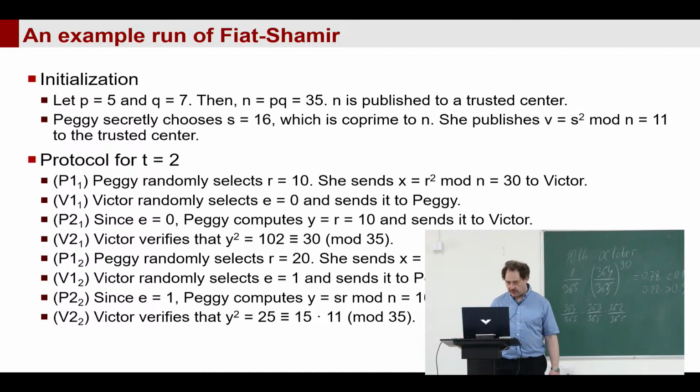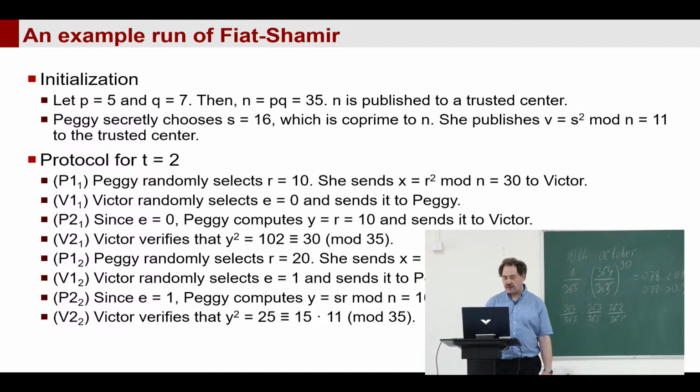You can check that 10 squared modulo 35 is indeed equal to 30. Victor randomly selects a bit, in this case 0, and sends it back to Peggy. And since the bit is 0, Peggy just sends back r itself, which is 10.